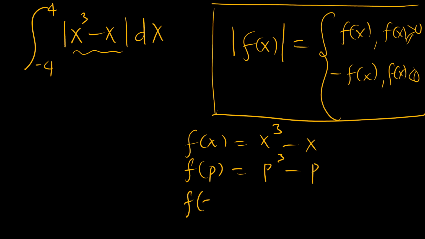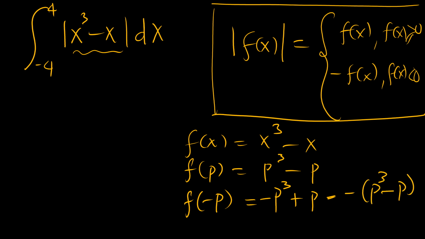However, when we get f(-p), that's the same as negative p cubed plus p, which is the same as negative (p cubed minus p). So in other words, f(-p) is equal to negative f(p).